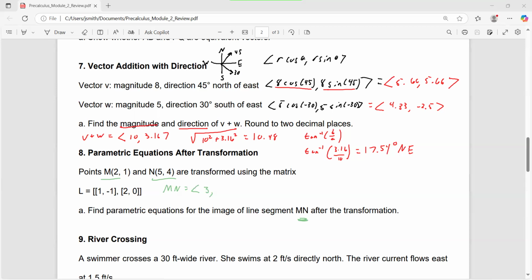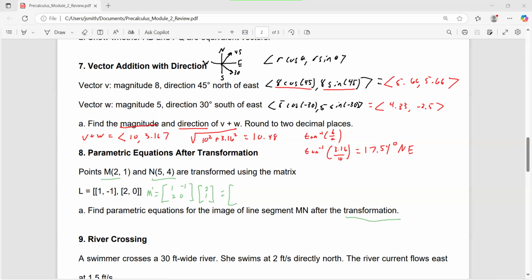Now let me back up. We have to find MN after the transformation. So I actually need to apply the transformation to each coordinate first. So this will be how I find my new M. Just like we did on the first question, we have to apply the transformation. So what would 1 times 2 be?